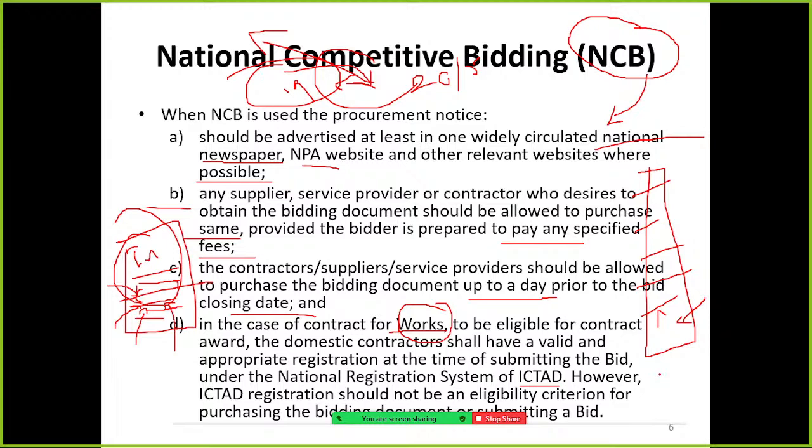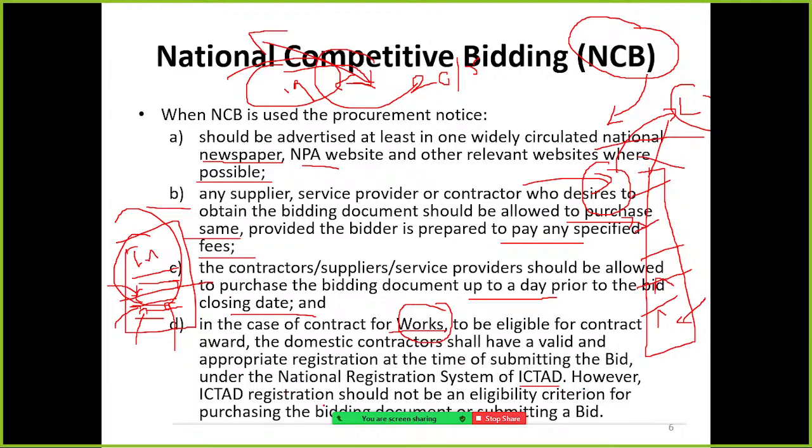The important thing here is that the contractor should obtain that grade before submitting the bid. So first applying for the tender, and later getting a grade or registration from ICTAD is not allowed, right? This practice is not allowed.